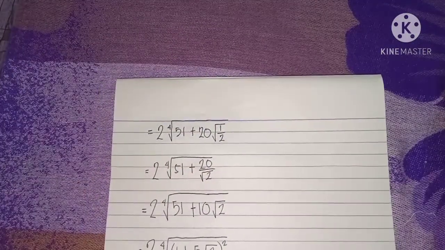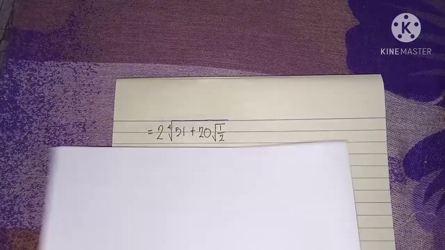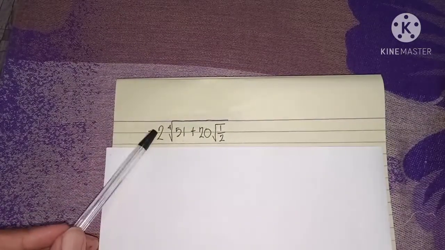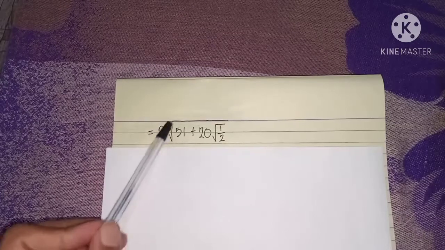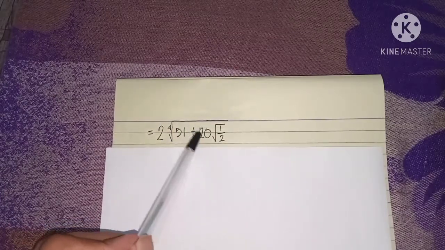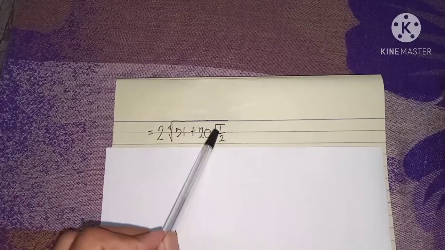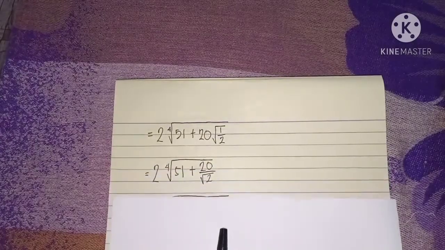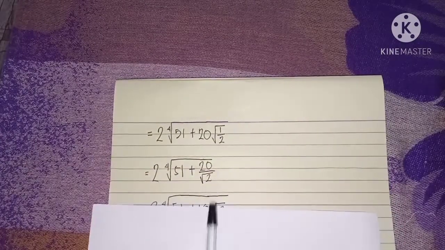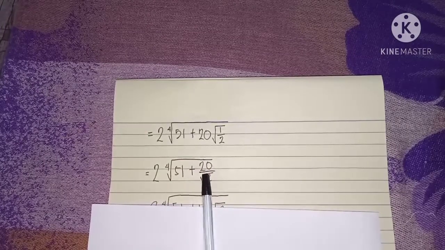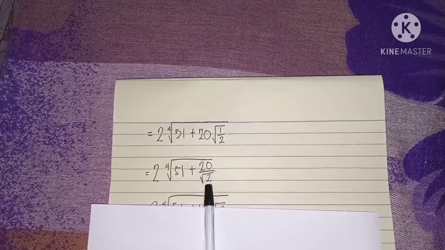Next, we distributed the 2, so this becomes 2 4th root of 51 plus 20 square root of 1/2. And we will simplify this into 20 over square root of 2.